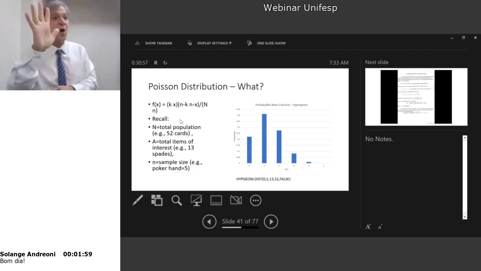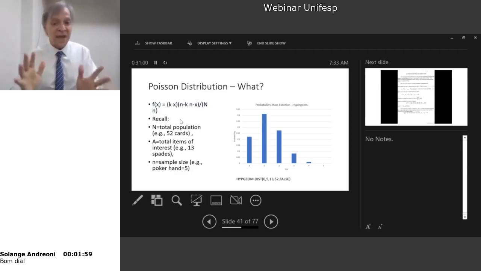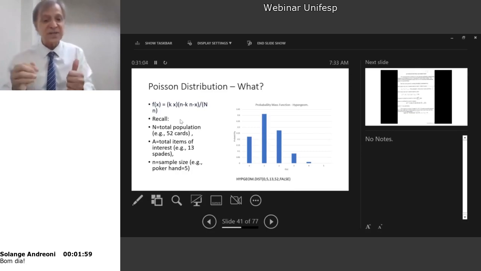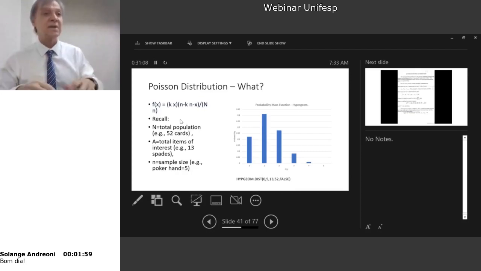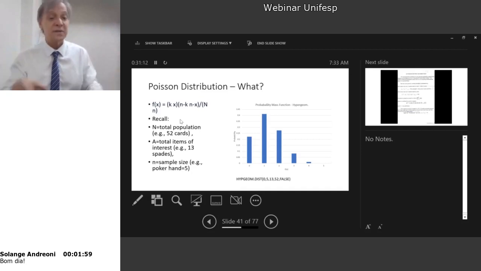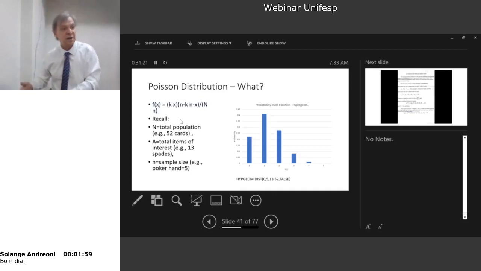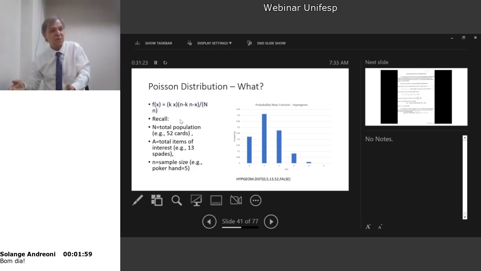The hand of poker is 5 cards, remember? So I only have 5 possibilities for the card. Let's say I'm interested in spades. How many spades do I have in a whole deck? The whole deck is 52 cards, and that's your big N. Let's say the population of your city is your deck of cards: 52 cards, or a city of 500 people, a small town, a small village.